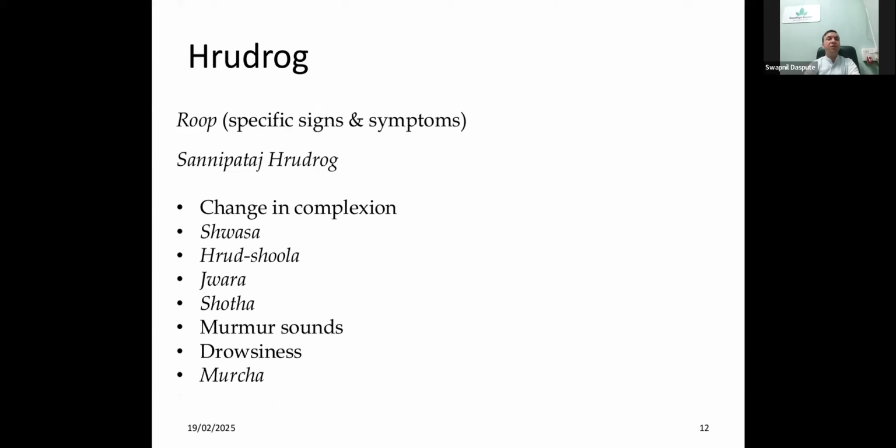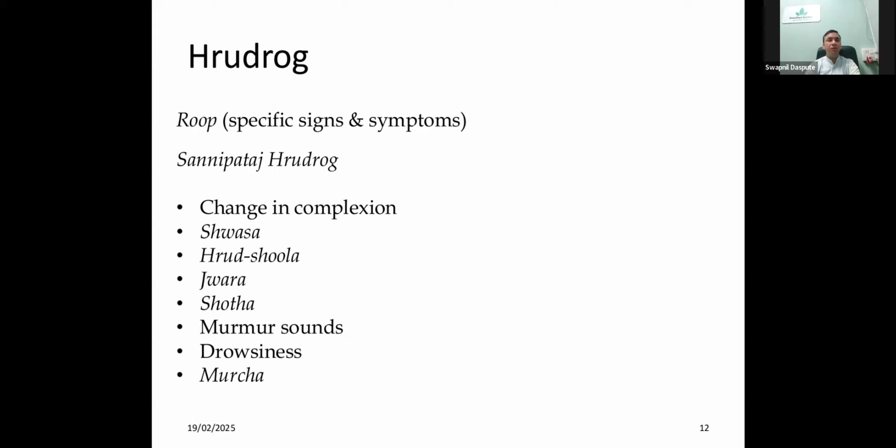Sannipataja Hridroga. Here the mix of signs and symptoms of all the three doshas are seen. Apart from that, change in complexion, shwasa, hritshula. Hritshula means pain in the chest region. Jwara, fever, shotha, edema, murmur sounds, the sound due to rhythmic movement of the heart or rhythmic heartbeats.